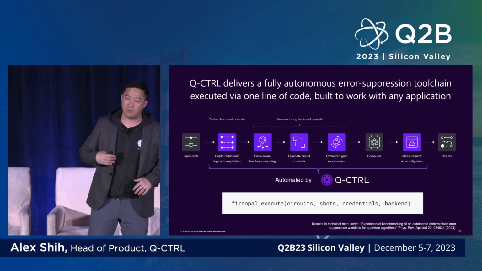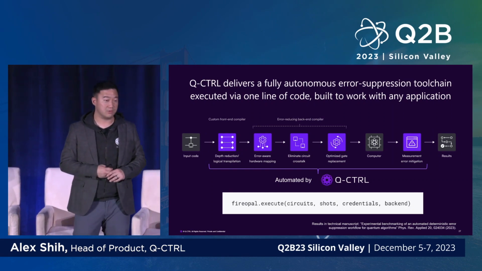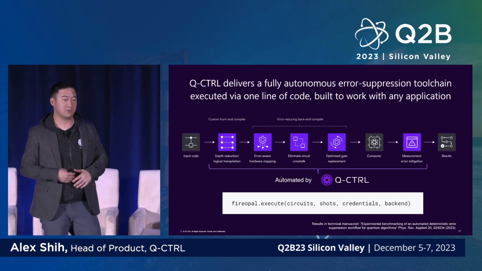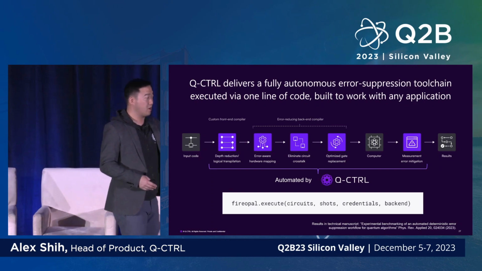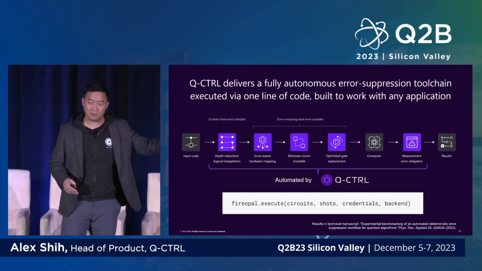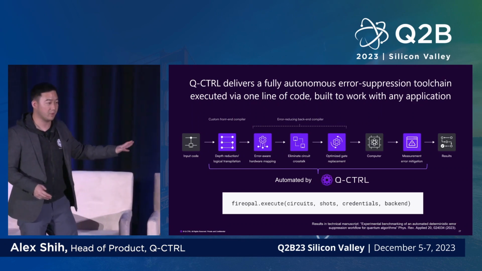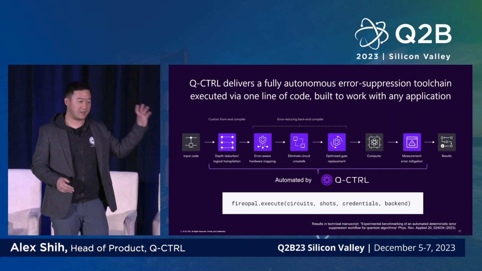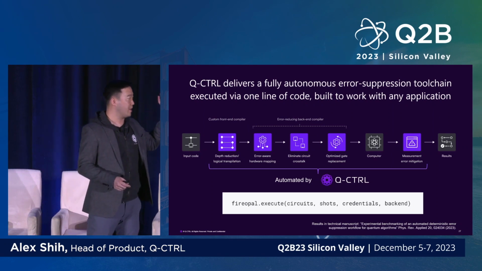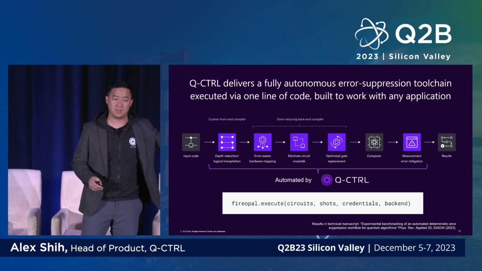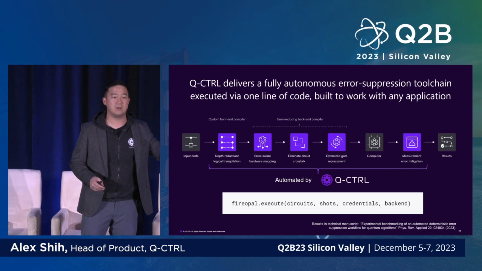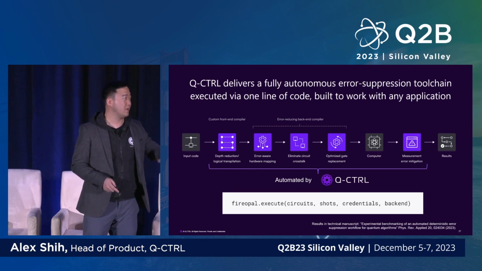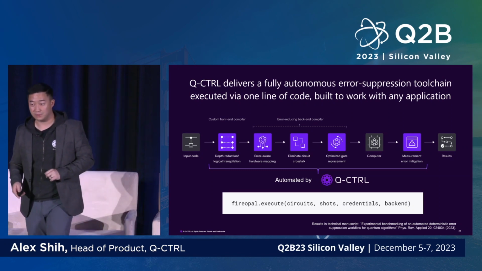One of our product core values is really to make the complex simple. So underneath the hood is a complex proprietary workflow that we have built from a lot of pre-processing, compilation, dynamic decoupling, and we do this all preventatively to reduce the amount of runtime and resources that a user needs to consume in order to execute a single job.